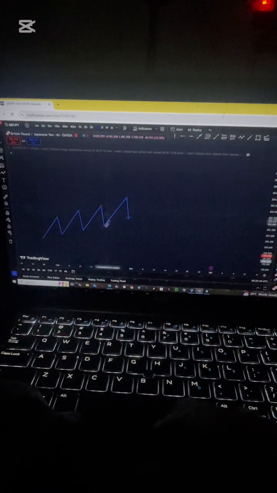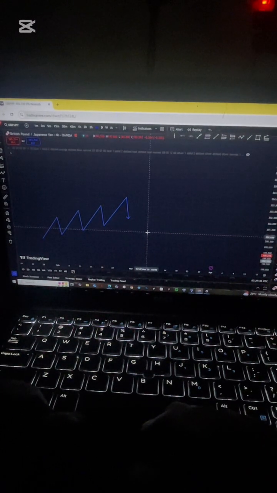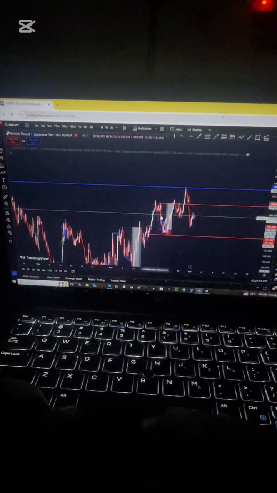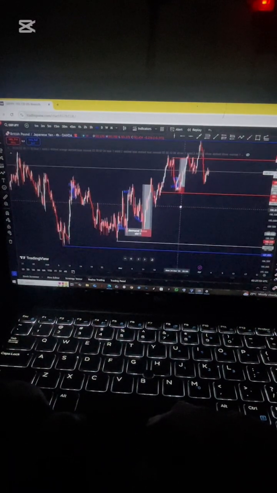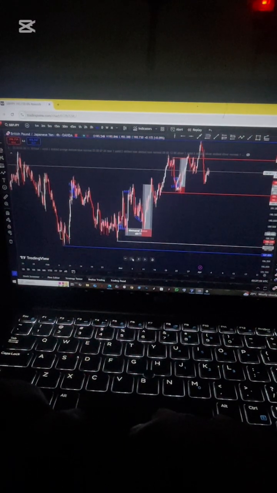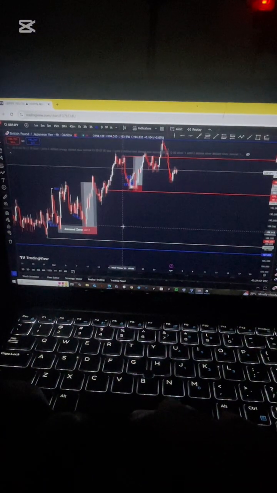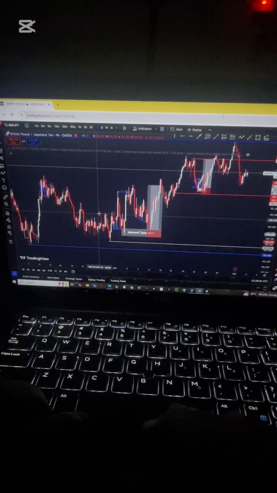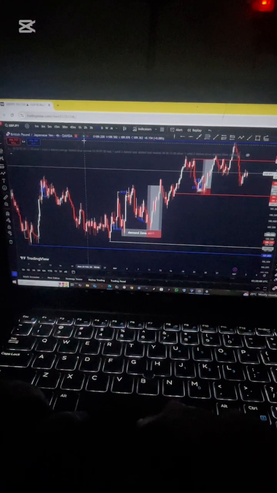And where we spot this pattern is always in the daily and in the 4 hours. For instance, let me show you this trade that I took right here that hit my TP, and this is in the 4 hours. I saw that okay, the market broke structure here, and the market is ready to buy.